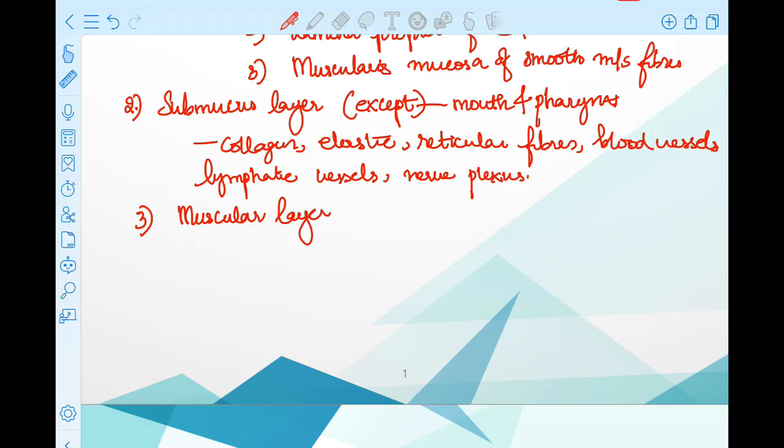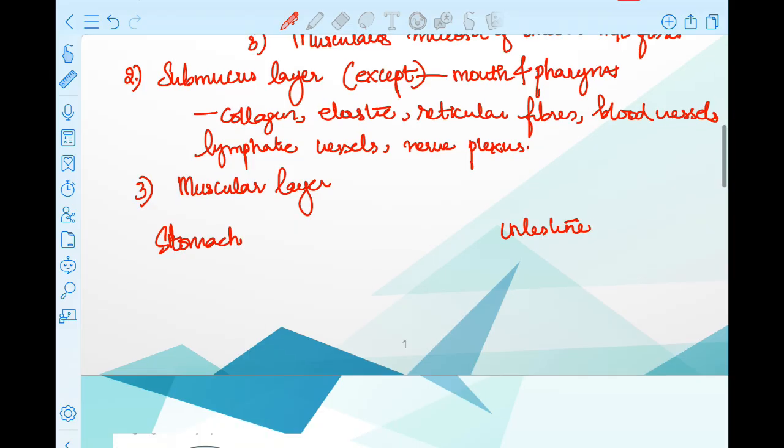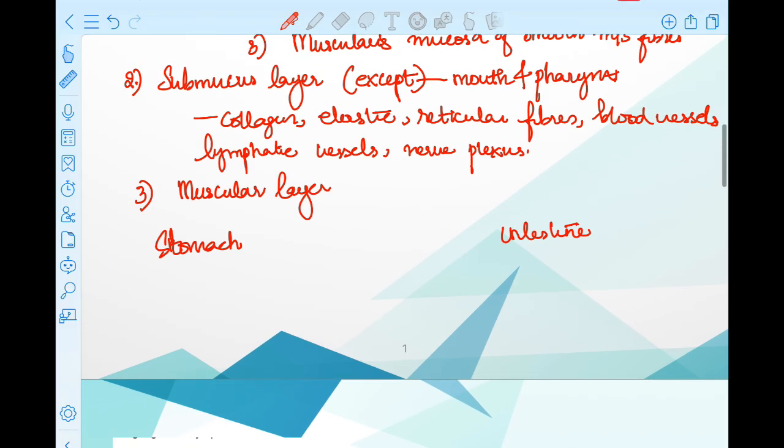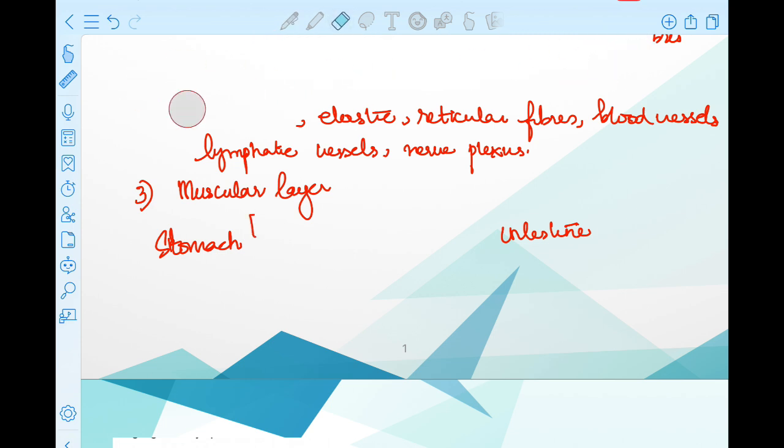And the stomach has three smooth muscle layers. That is a bit different here because we have to consider the smooth muscle layers of the stomach as well as the smooth muscle layer of the intestine. So don't get confused here, because the smooth muscle layer of the stomach is different from that of the intestine.